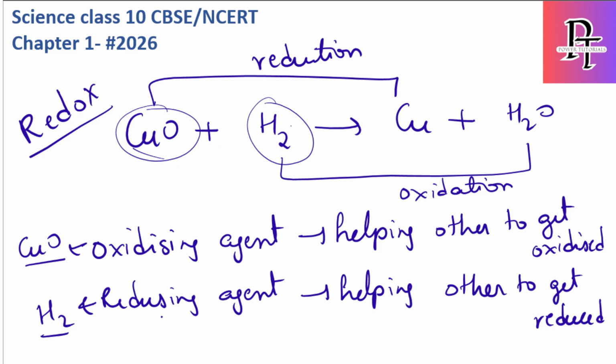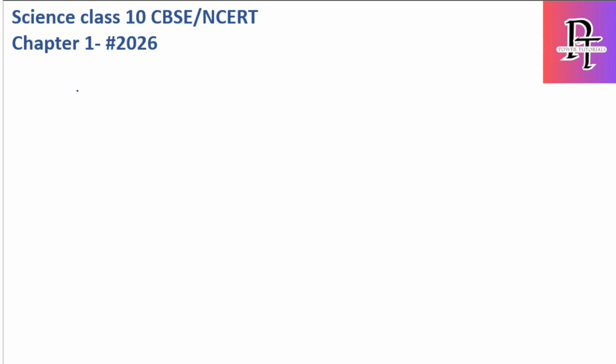Okay, let's see the last topic from this chapter, which is daily examples for oxidation, which are corrosion and rancidity. So what does corrosion mean?